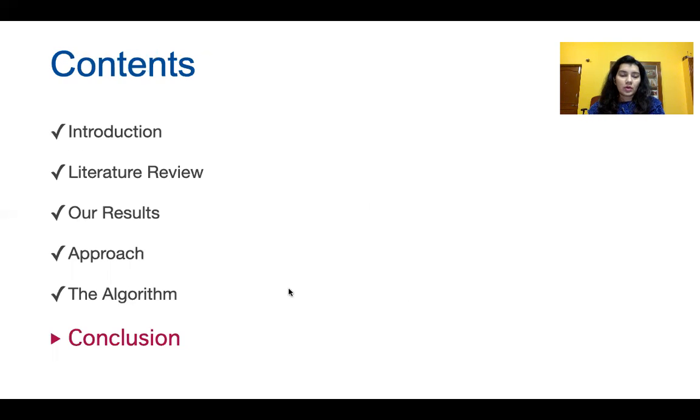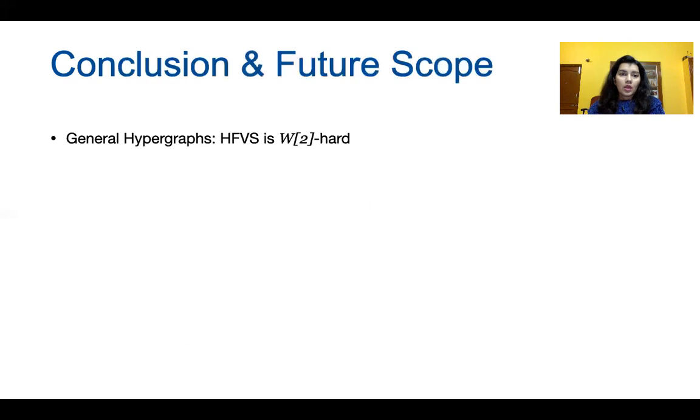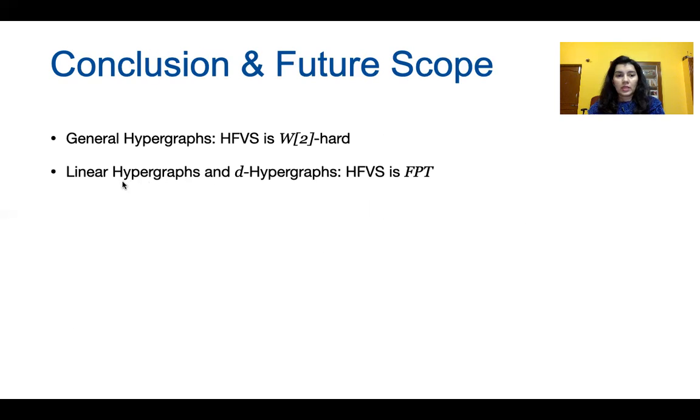So now we conclude the talk. We showed that general HFES is doubly too hard. The linear hypergraph variant and the D hypergraph variants admit FPT algorithms, one randomized and one deterministic.